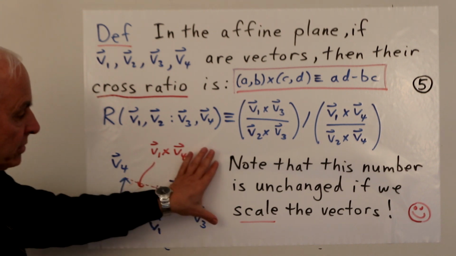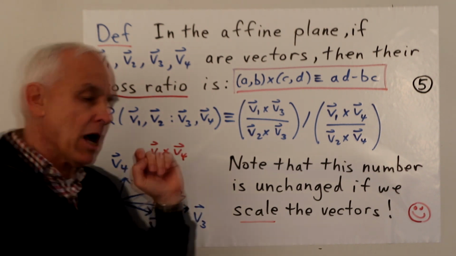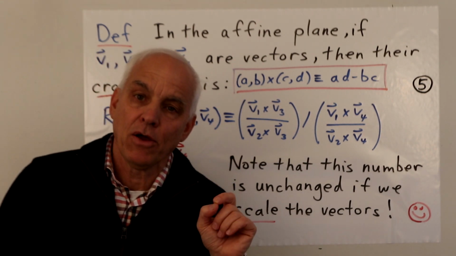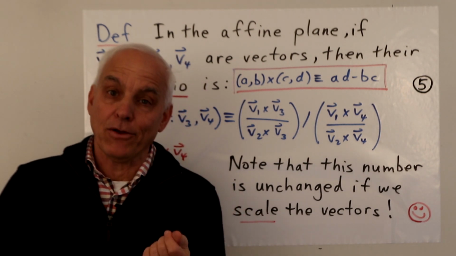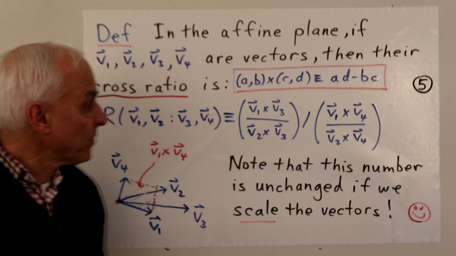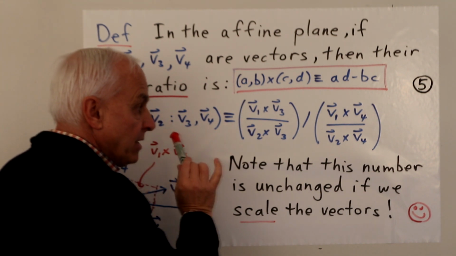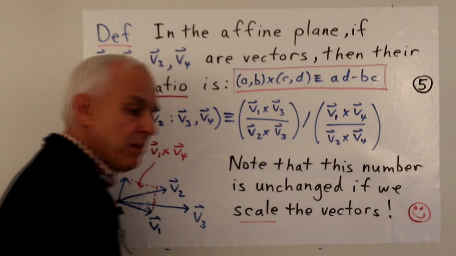And a very important property of this number is that it's unchanged if any of the vectors are scaled. So if we multiply V1 by 5, then this numerator gets multiplied by 5, and this numerator here gets multiplied by 5.